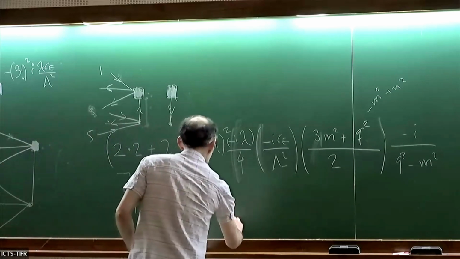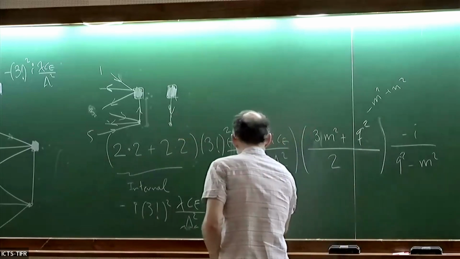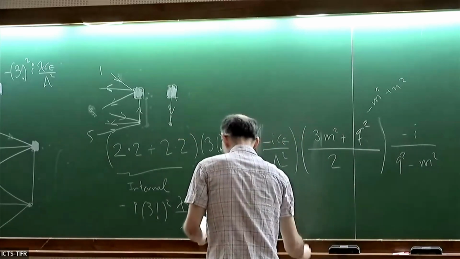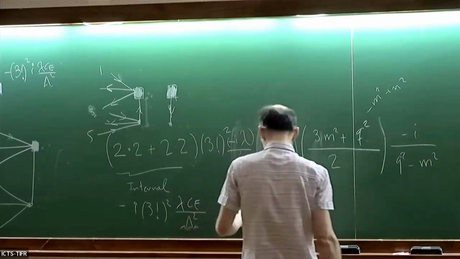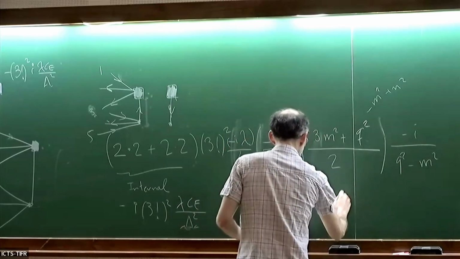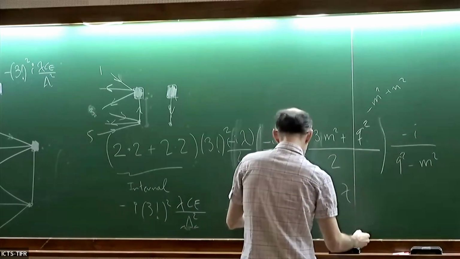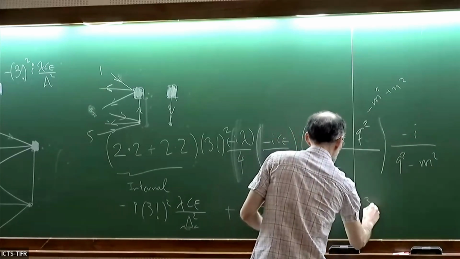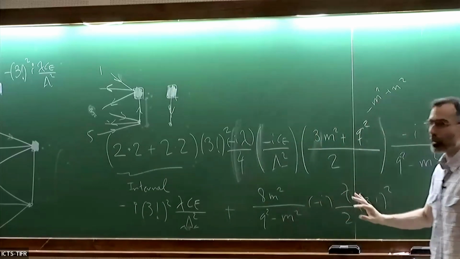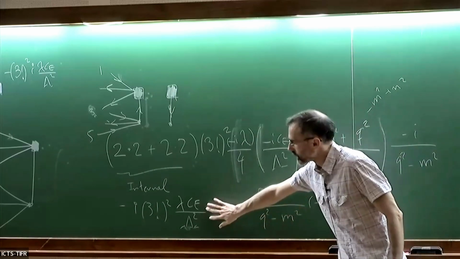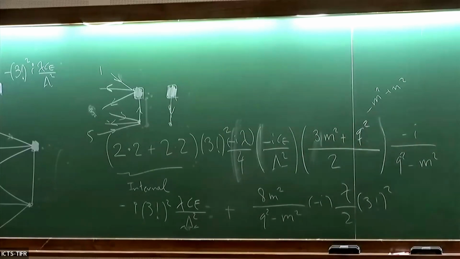The extra non-local term will look something like 8 m squared over q squared minus m squared minus i lambda c over 3 factorial. But we don't care about this one, we just want to compare the local piece. And we've already extracted the local piece, there's no q squared in there.